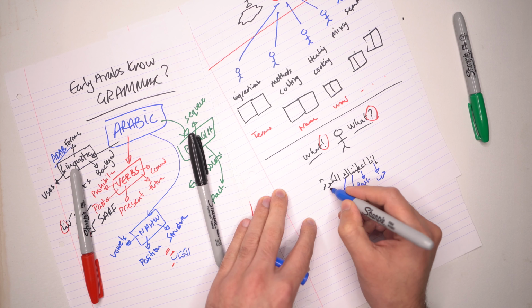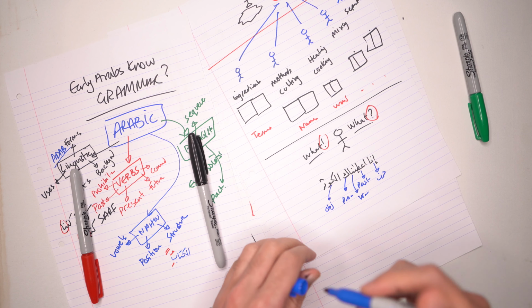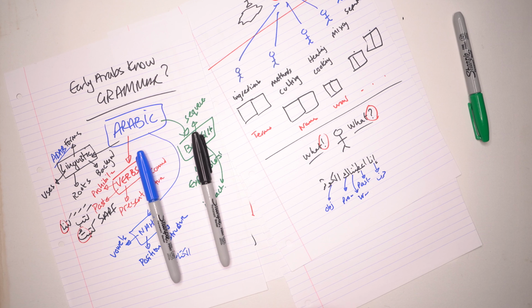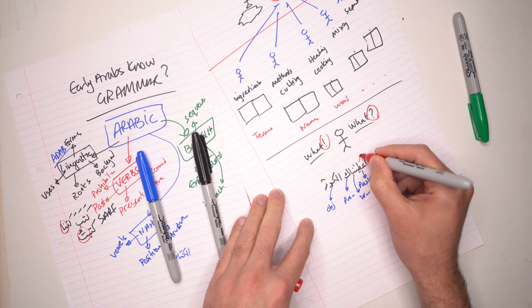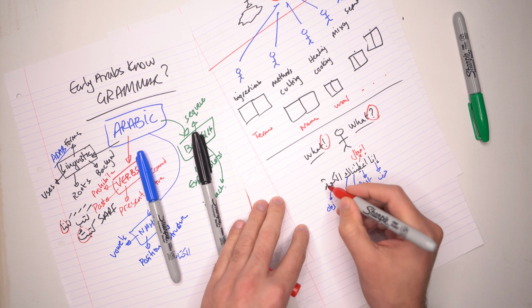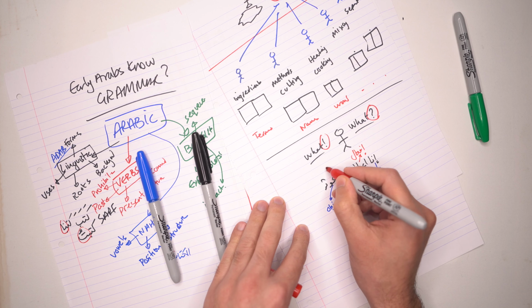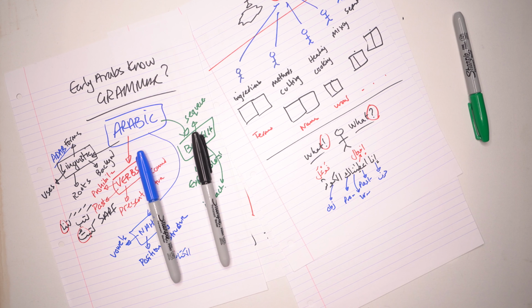They didn't know all these things. Definitely this is an object, maf'ul bihi. And then in Sarf, they might say this is from the pattern of if'al, or this is the pattern of Kawthar, Faw'al, or anything of that sort.